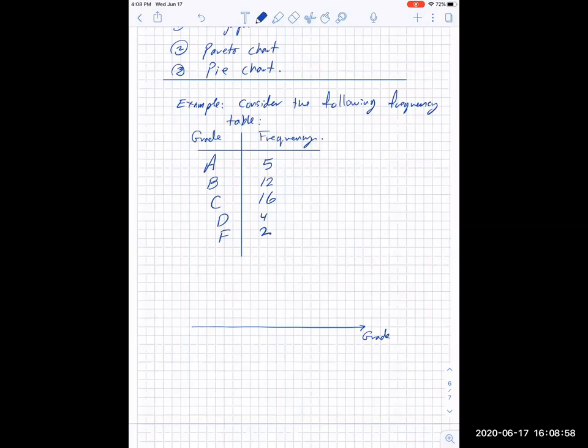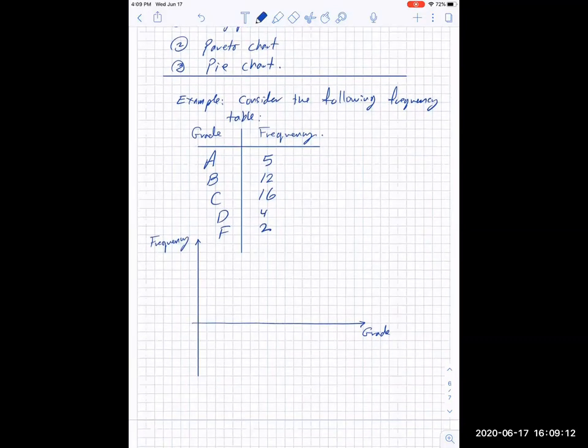And then the vertical axis, I'm gonna put frequency. And here I'm gonna write down the categories, A, B, C, D, F. And I'm gonna label my vertical axis.